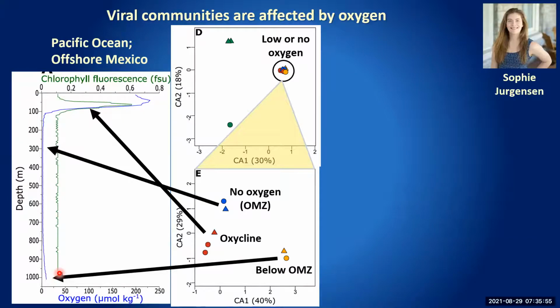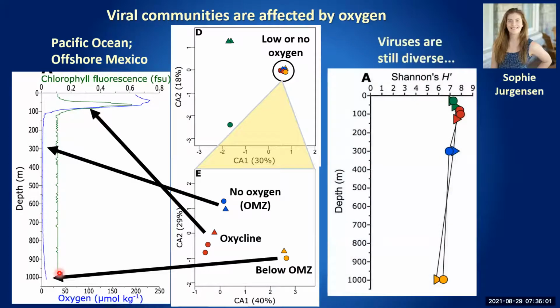So clearly viral communities are affected by oxygen concentration. But we also note that these viruses are still diverse as we go down through the water column. The difference between viral communities with and without oxygen is not that we have lower diversity without oxygen, it's just that we have different viruses there.